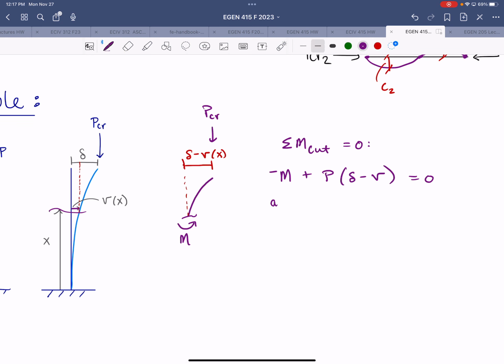And recall that we have also been defining moment as negative EI times the second derivative of deflection with respect to x.